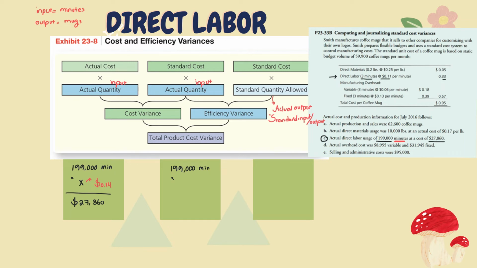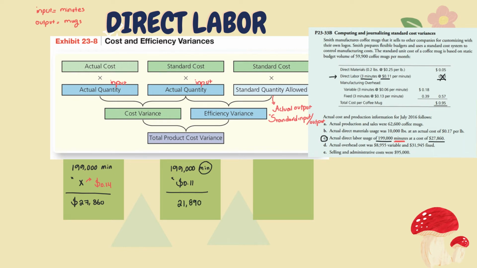The 33 cents is per mug. I don't care about per mug. I care about the minutes because here I have minutes. So I need to multiply it with 11 cents. So 199,000 times 11 cents is gonna be 21,890.